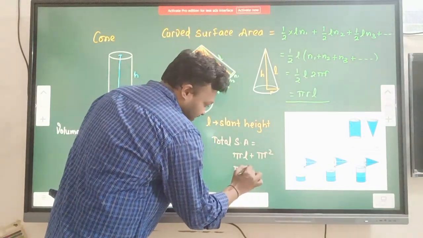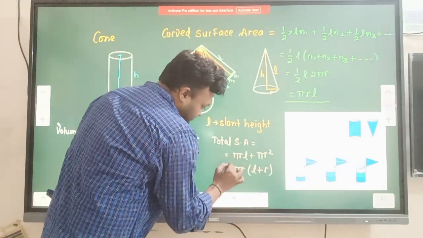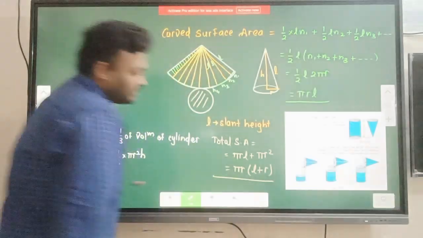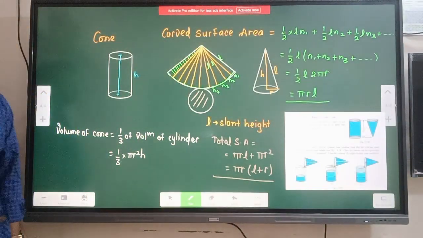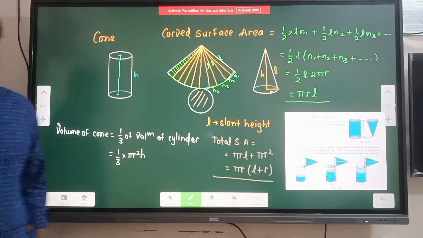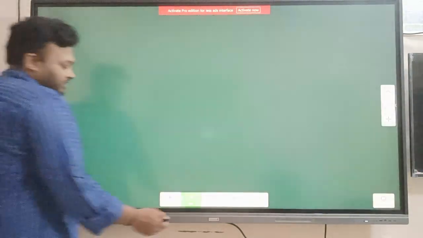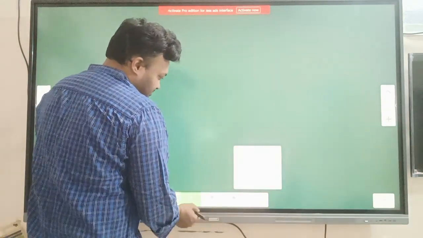So pi r we will take in common, L plus r will be remaining. So pi r (L plus r) will be the total surface area of the cone. Clear? Okay. In the end, we have a sphere.